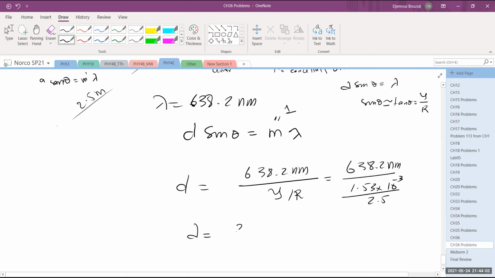So what we have in here is 2.5 times 638.2 divided by 1.53 times 10 to the negative 3, and it's in nanometers, which is 10 to the negative 9. Obviously, the negative 9 and the negative 3 cancel, and I will be left with a negative 6.